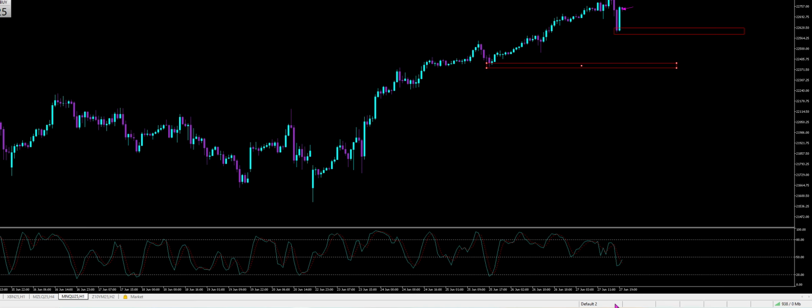And in that case, if we look down to the stochastic, we have broken through the 50 line, but it looks like late in the day on the session, again, this is the end of the day, so you have to take that with a little grain of salt. The blue line did cross back through, but I would like to see it cross back through the 50 line. And that's because of this big bullish candle right here.